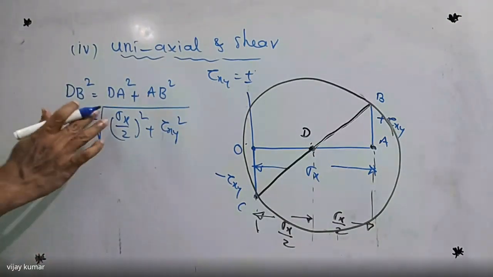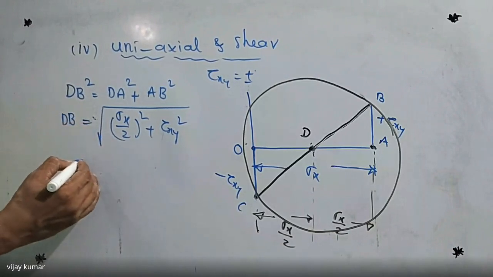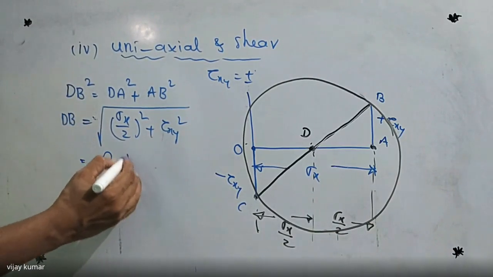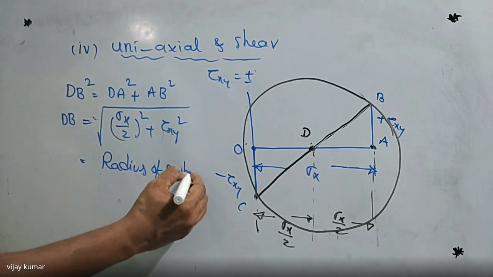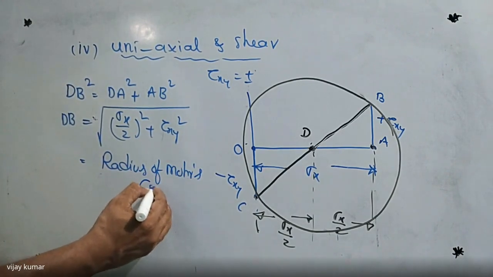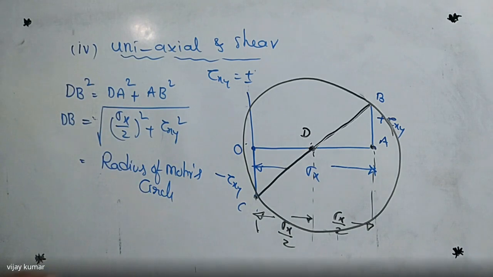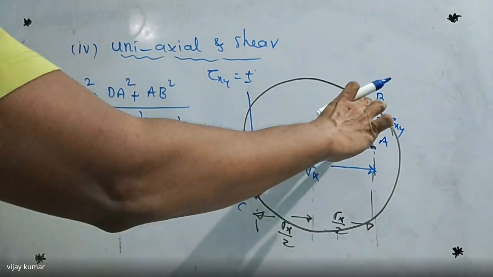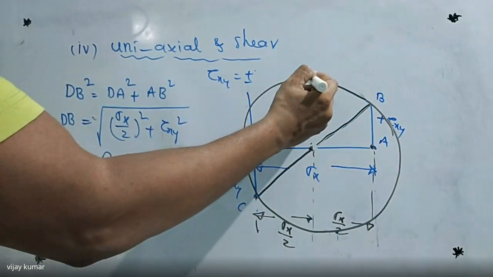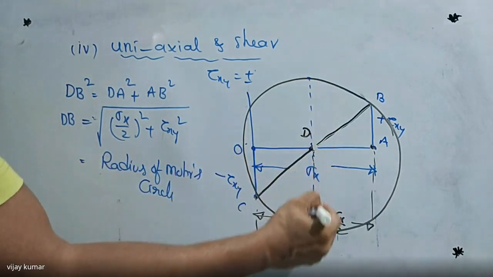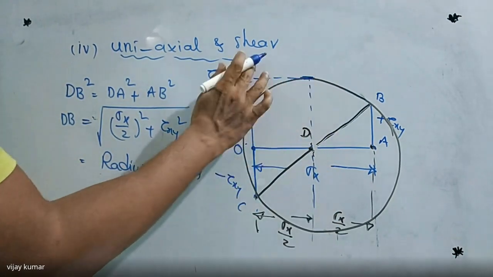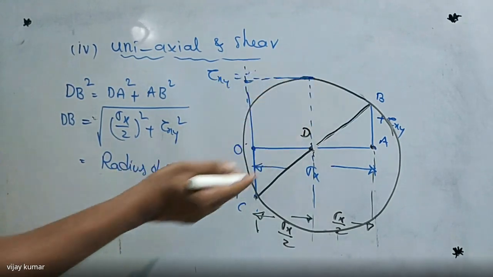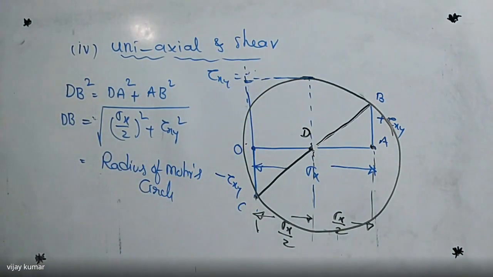Now, what is this value? This value is the radius of the Mohr circle. If you rotate like this, this is also named the maximum shear value. So maximum shear and radius are both the same.